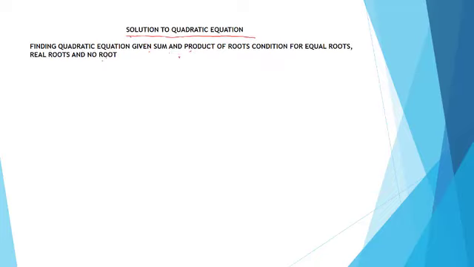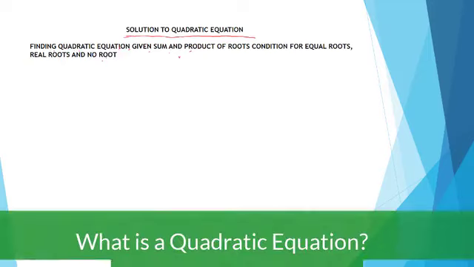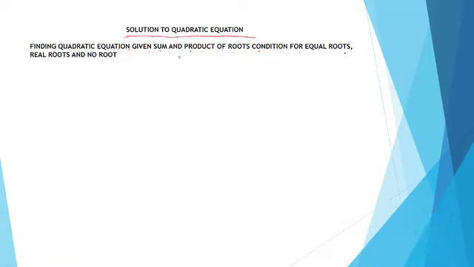Now, when we're talking about solution to quadratic equation, I think the first thing that needs to come to our mind is what is quadratic equation. I think understanding the concept that makes up a quadratic equation will make us understand where we are heading to.